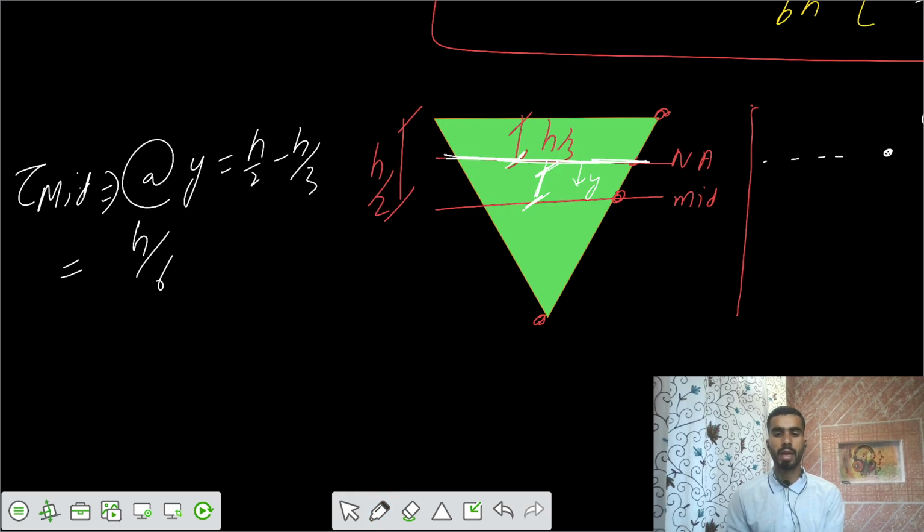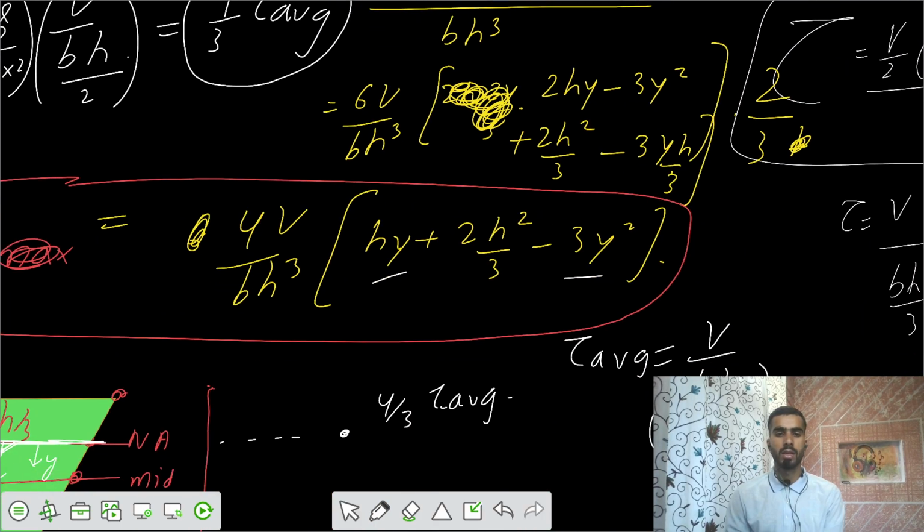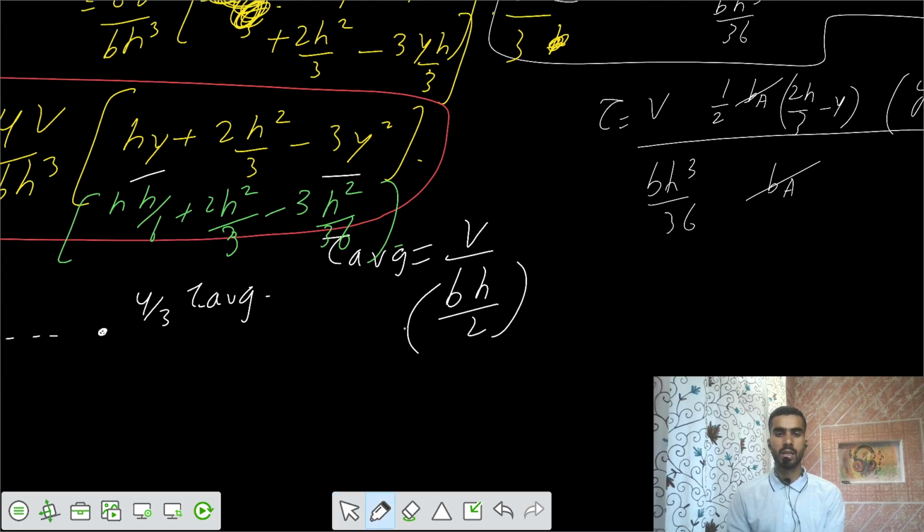So you substitute y equals h by 6 here, you get h into h by 6 plus 2h squared by 3 minus 3 into h by 6, that is h squared by 36. So 3 by 36 negative plus 2 by 3 plus h by 6 inverse 3 by 4 into 4, that is 3 times. So we got a value of 3V by bh.